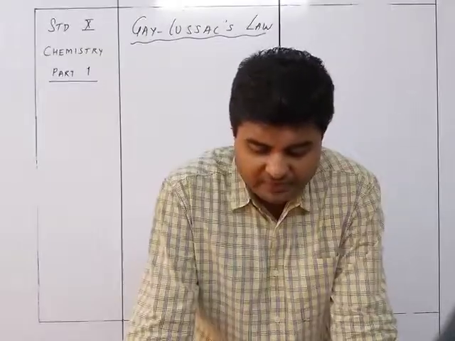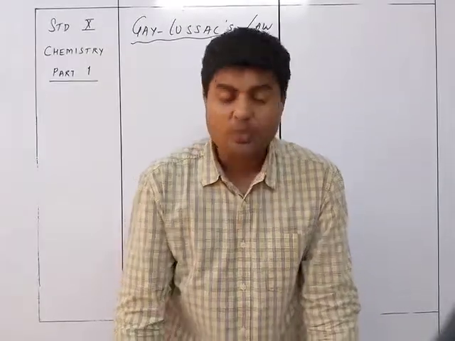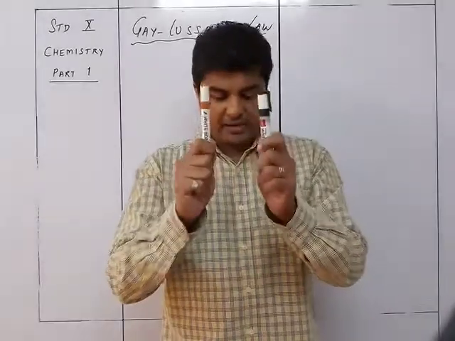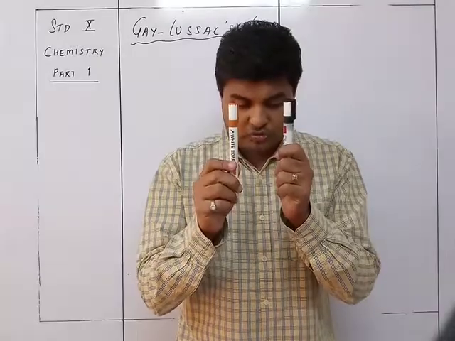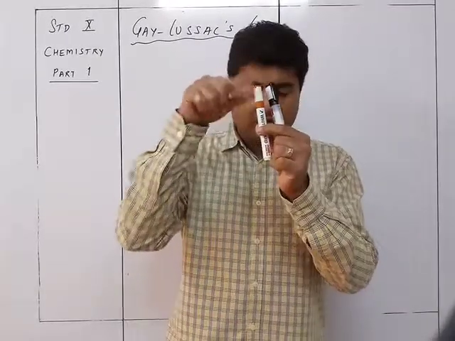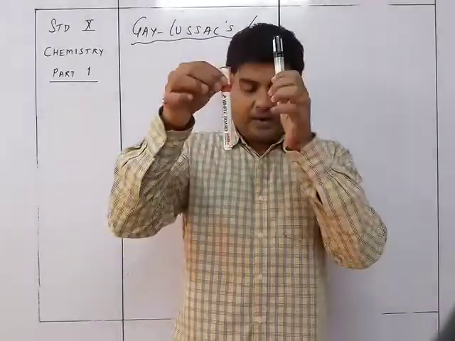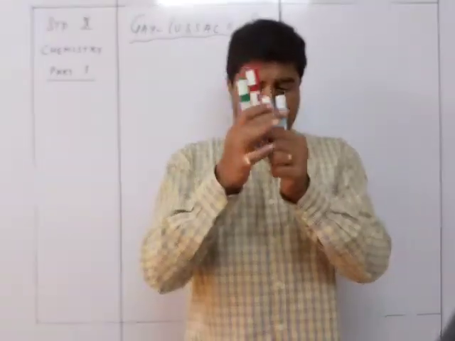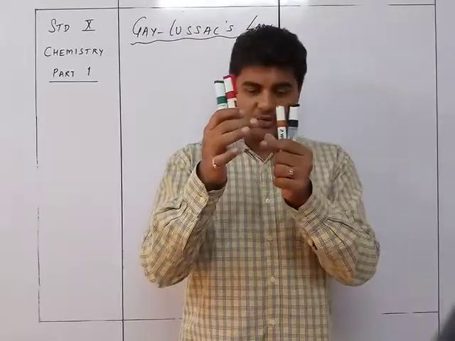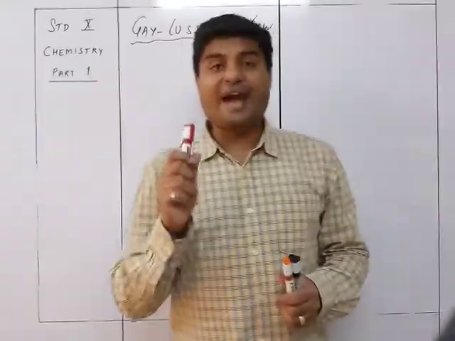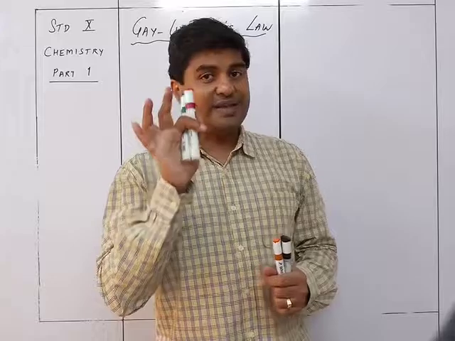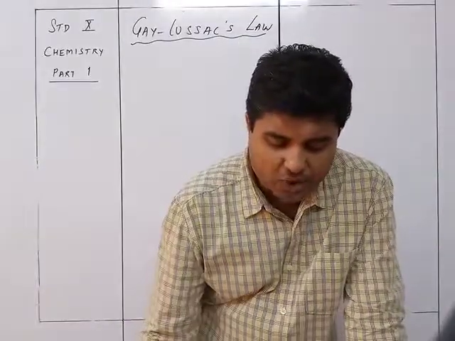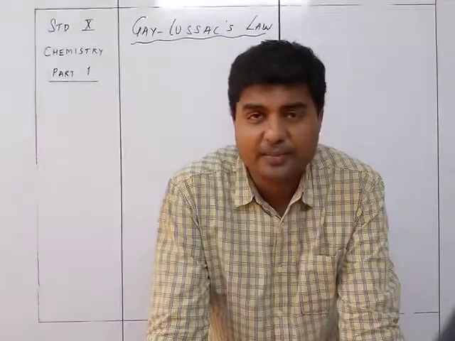So let's read it out once again: when gases react, they do so in volumes which bear a simple whole number ratio to one another and to the volumes of the products, only if gaseous, provided the temperature and pressure of the reacting gases and their products remain constant.